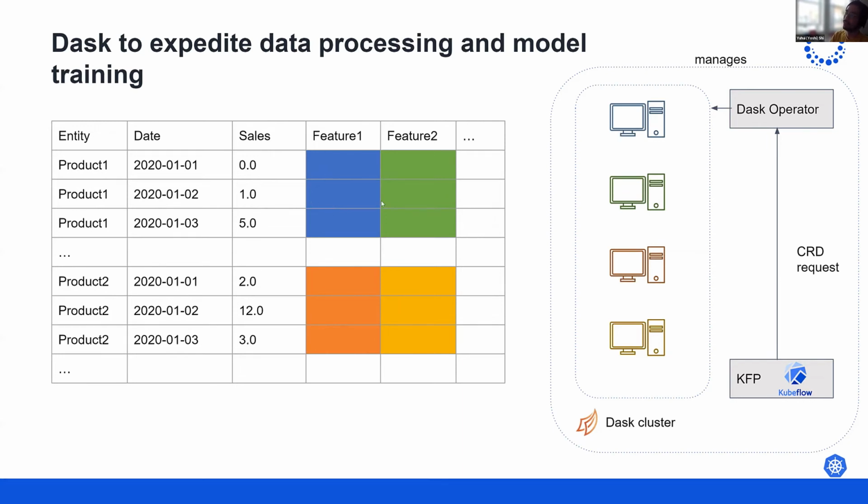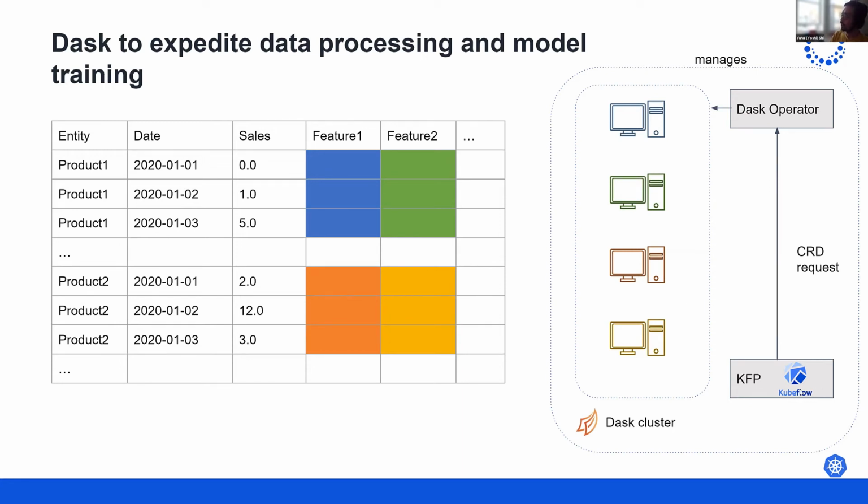So for this particular example, we can divide the entire feature engineering into 4 chunks of the data. And these 4 chunks can be assigned to 4 individual nodes that are going to be managed by a Dask cluster. So this is another way, on the execution level, to speed up the data feature engineering process.